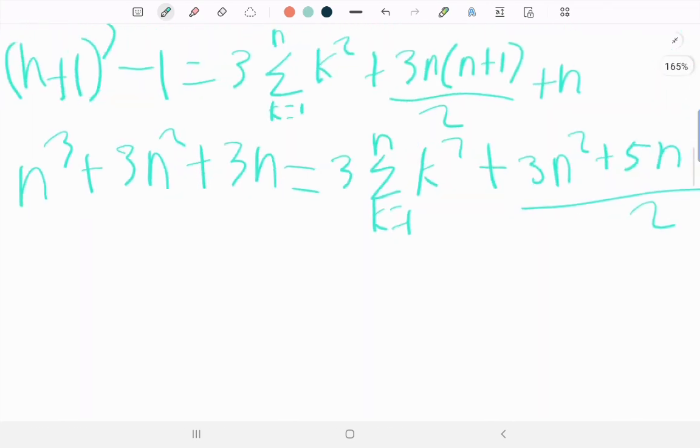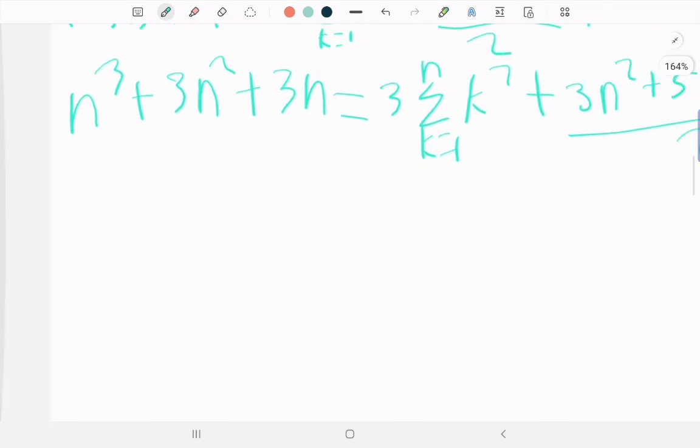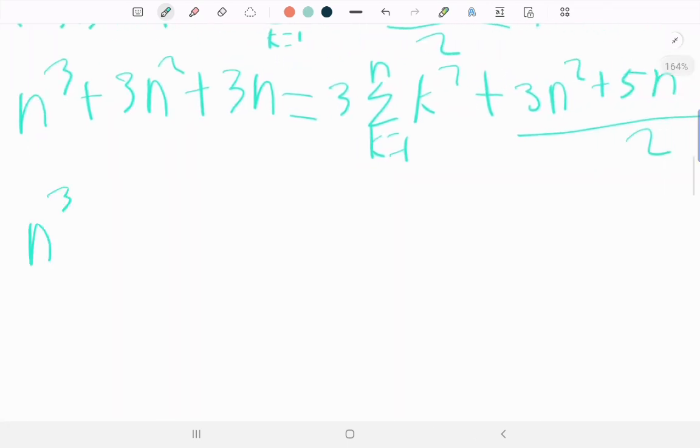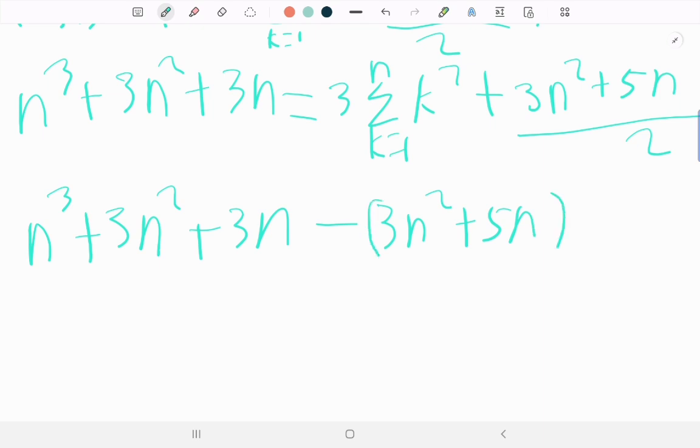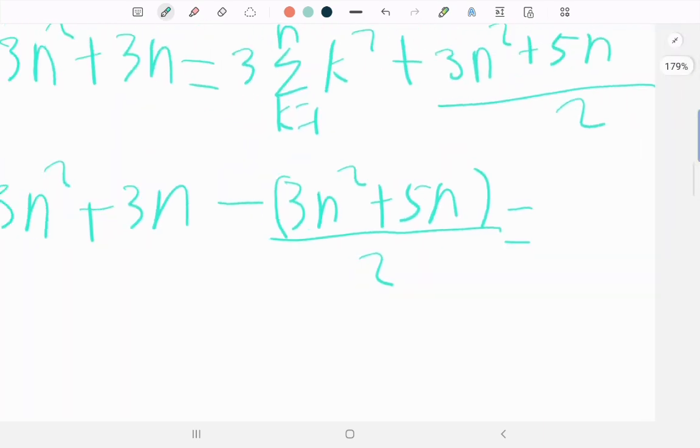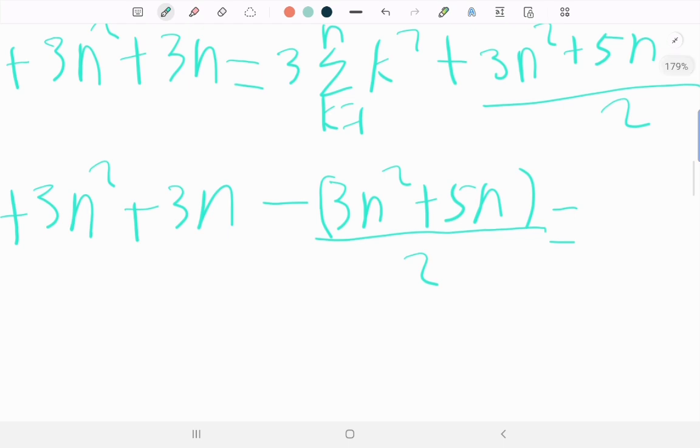So now let's move to the other side. n cubed plus 3n squared plus 3n minus 3n squared plus 5n divided by 2 is equal to, let's just put that later.